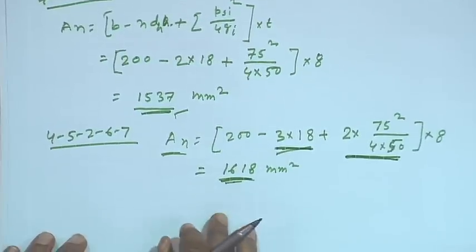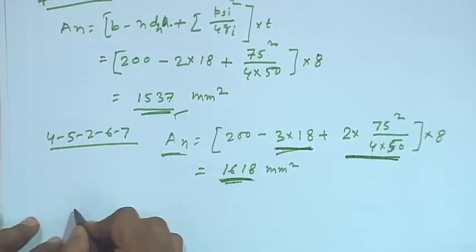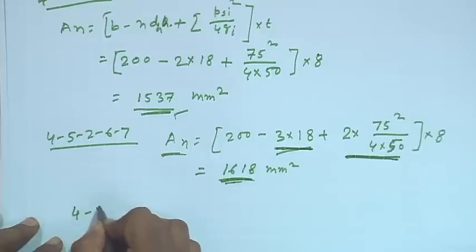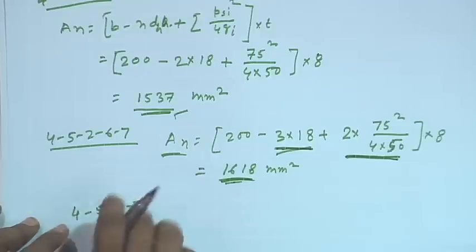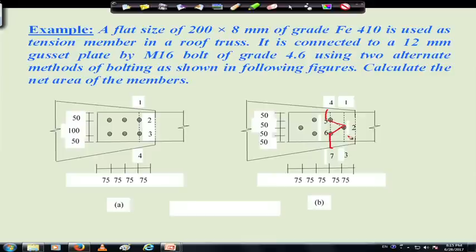Now, another scope is 4567. Now, 4567 means this way. If the plate has to fail along 4567, then first it has to fail in shear.